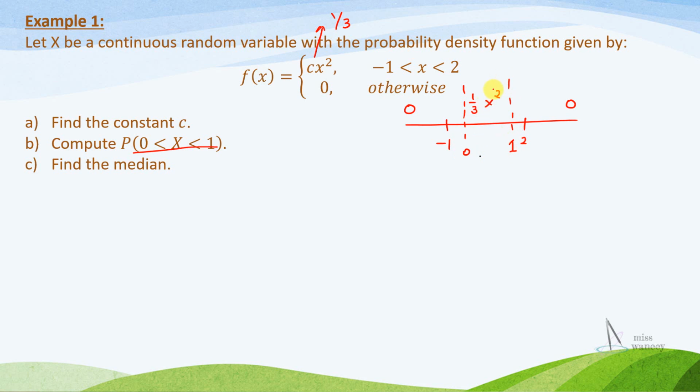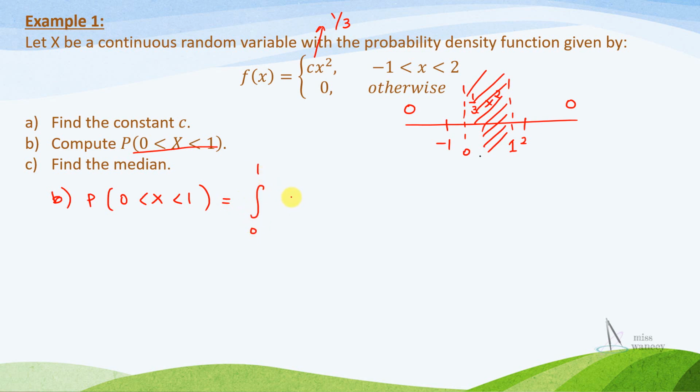So what we want to find is the probability. You can highlight them a little bit so that we know we want to work inside this interval. To calculate the probability for 0 less than x less than 1, I simply need to integrate 0 until 1.